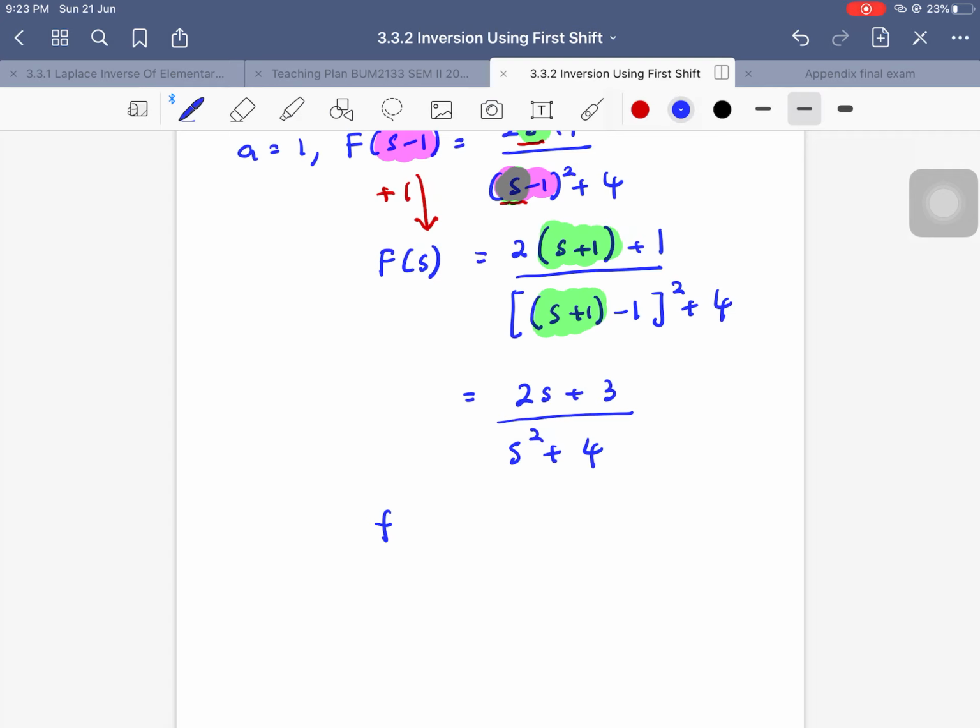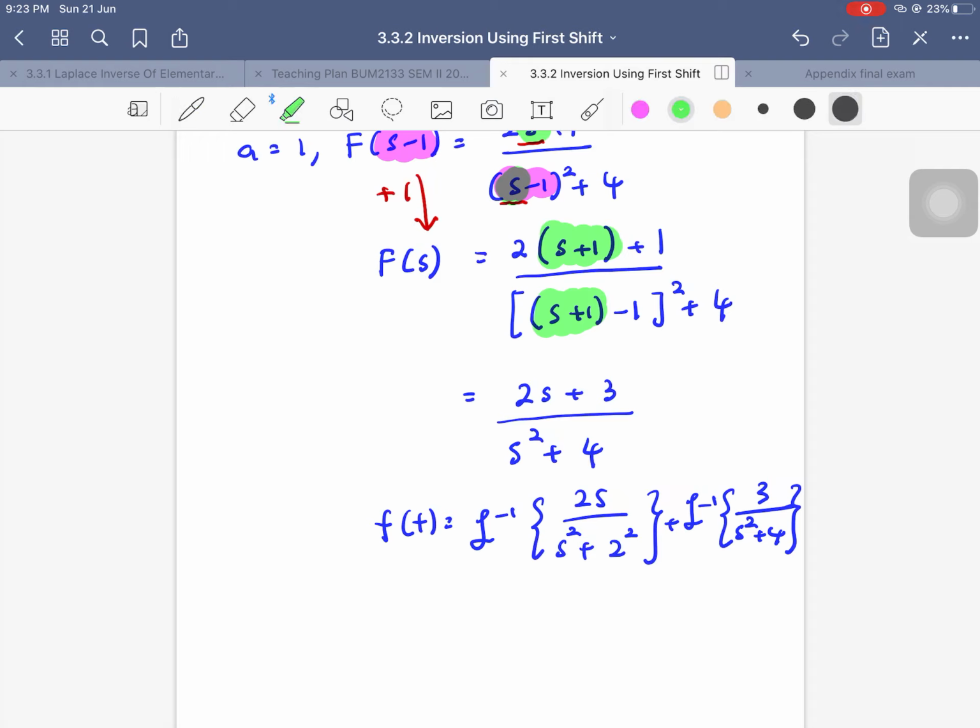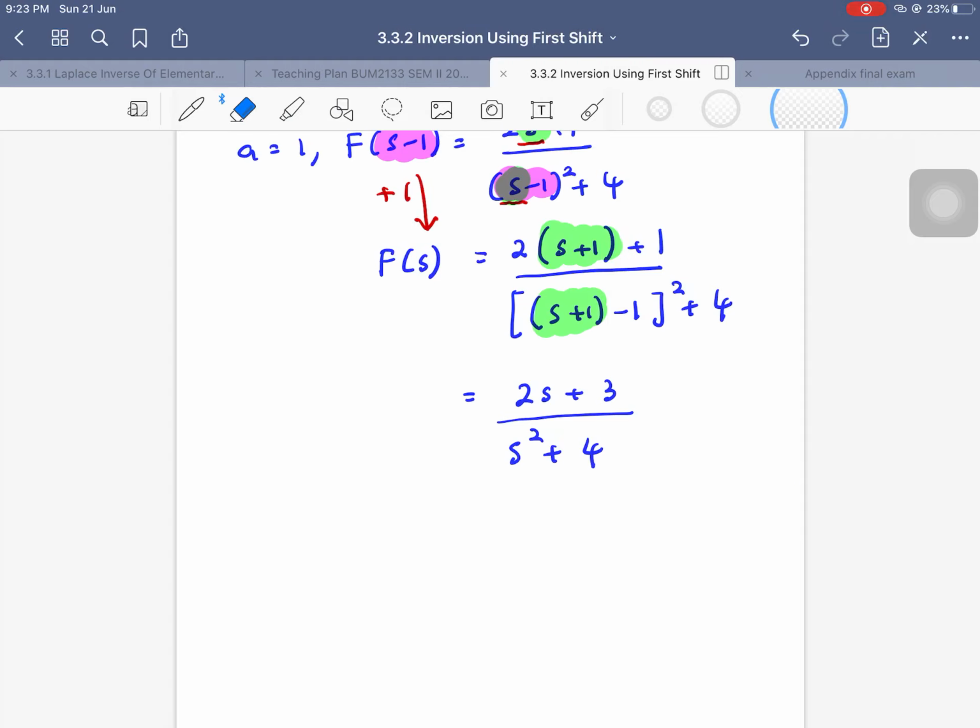So my f of t is simply going to be the Laplace inverse of two terms. The first one is going to be 2s over s squared plus 2 squared, because I know this is going to be cos. And the other one is going to be sine, which is given as 3 over s squared plus 4. I have a feeling that I won't have enough space for this, so let me write that again a little bit at the back.